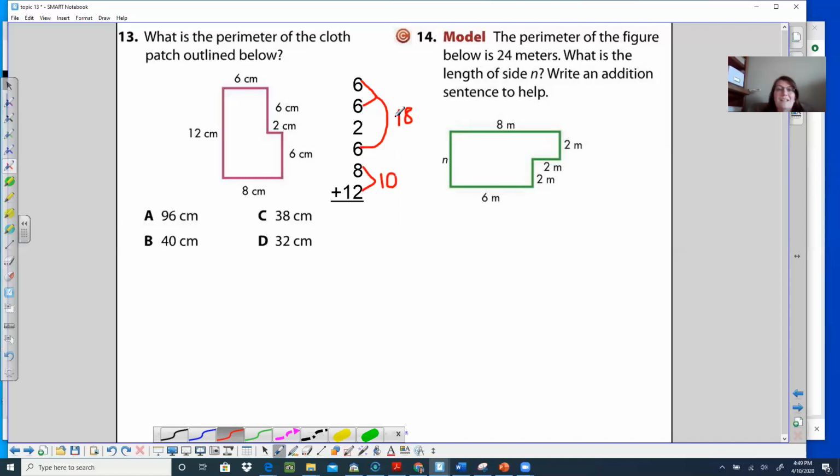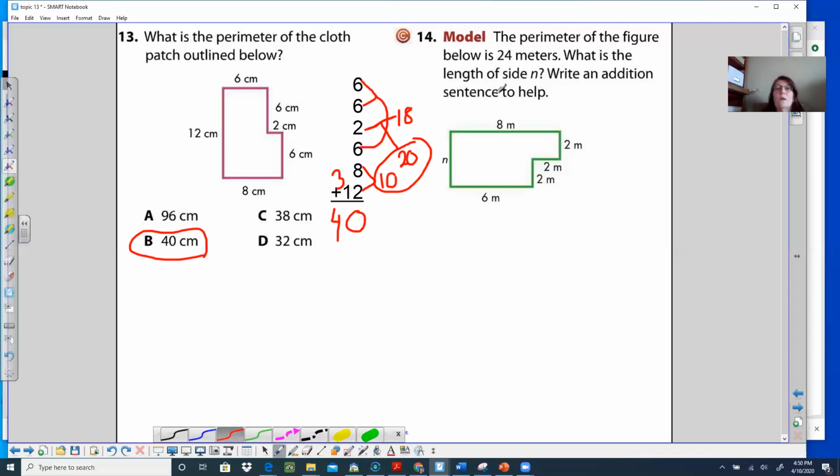Ooh, look, 18, and that 2, that's going to get me 20. So now I've got 20 plus 10. So we've got a 30. Don't forget to carry your 3. 3 plus 1 is 4. And ooh, look, it matches.